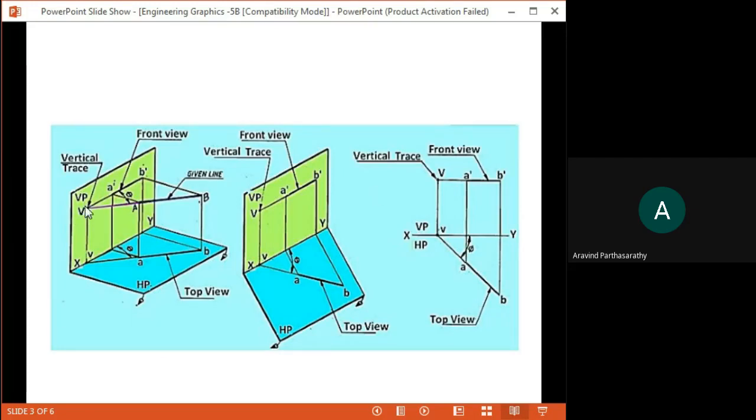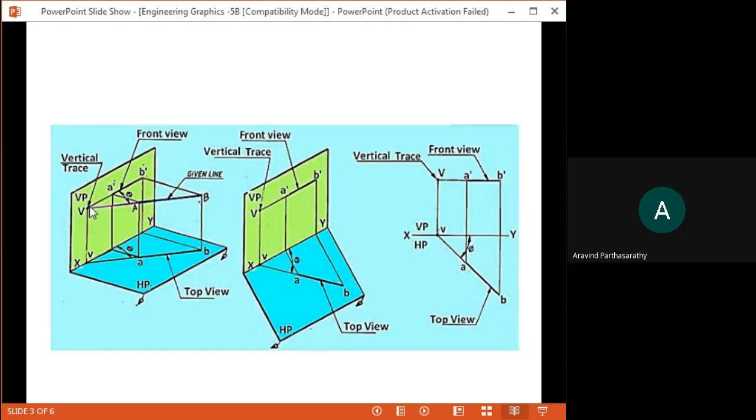You can see the front view, A dash and B dash, and in the top view you can see the small ab. When the original capital AB is extended, it meets a point, the point V.